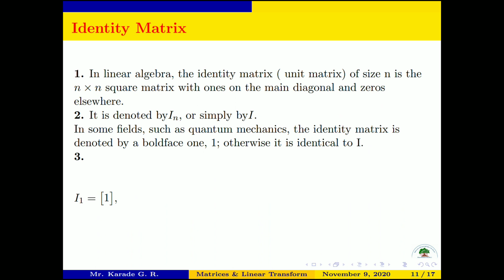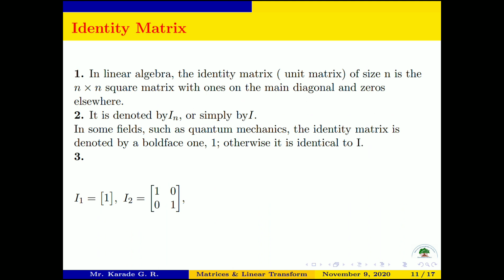Let us see one example. I1 means identity matrix of order 1 by 1, and this matrix is 1, has only the entry 1. Now see the second example. I2 is a square matrix of order 2 by 2 with first row 1 0, second row 0 1.